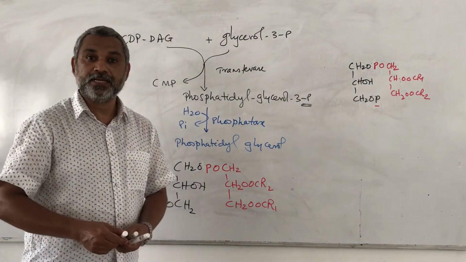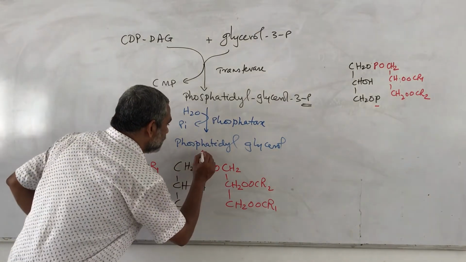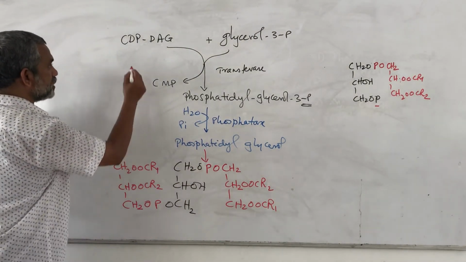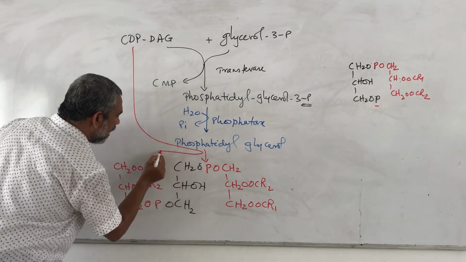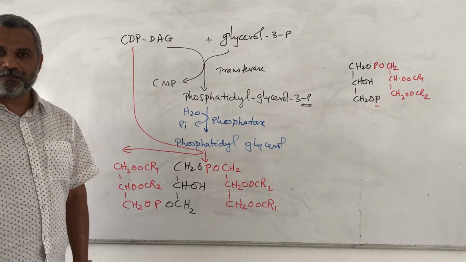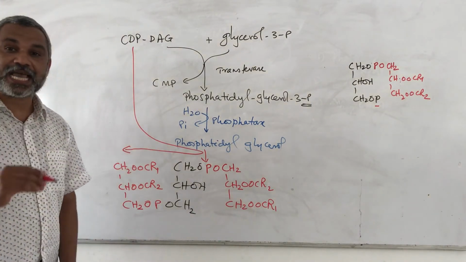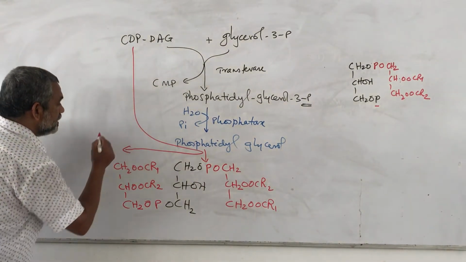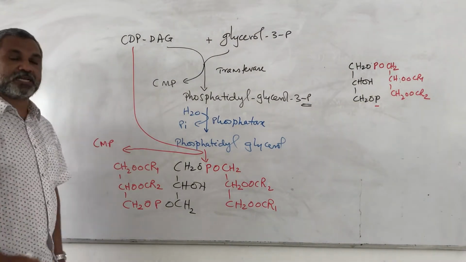So once you have phosphatidyl glycerol, can you add another phosphatidic acid? Yes, you can add. How do you do that? You add one more CDP diacylglycerol. When you add a CDP diacylglycerol, what will be removed? CMP molecule is removed.